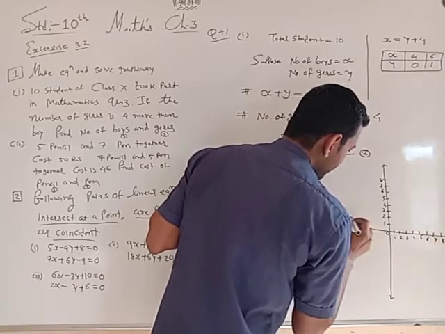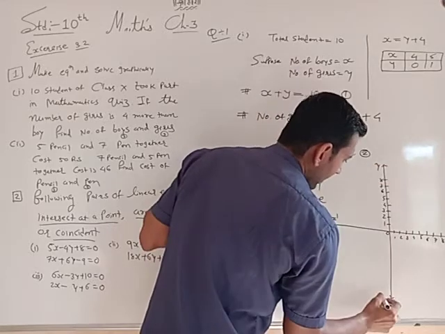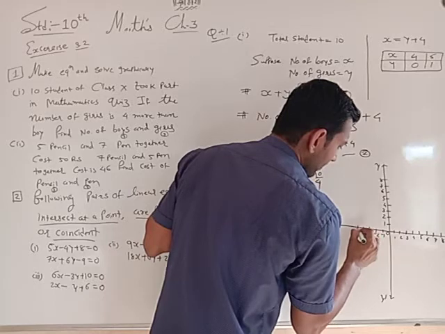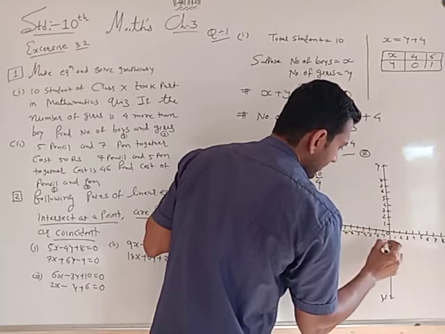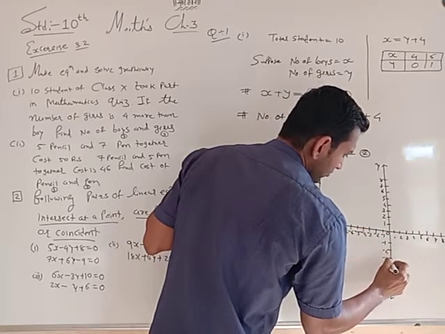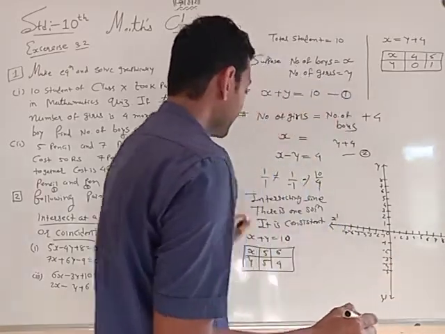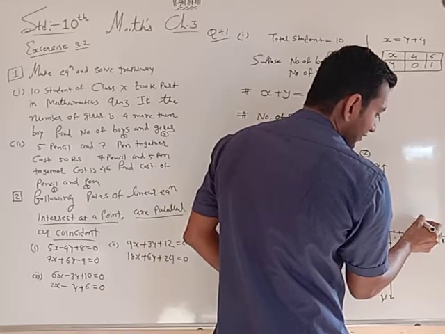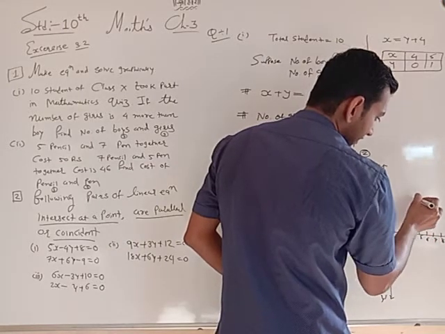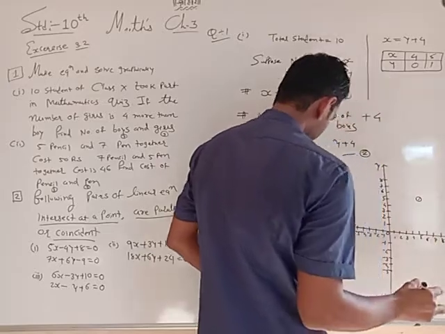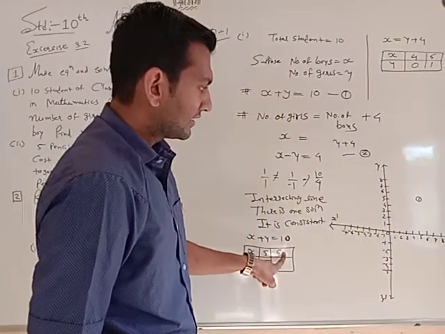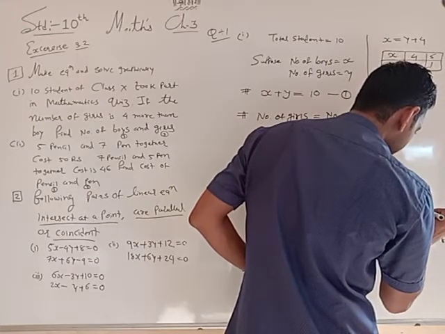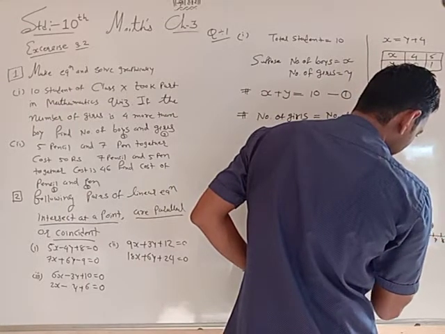This is my x, x prime, y, y prime, minus 1, minus 2, minus 3, minus 4, minus 5, minus 6, minus 7. 5 and 5 means my x is 5 and y is 5, so it is here. x is 6 and y is 4.